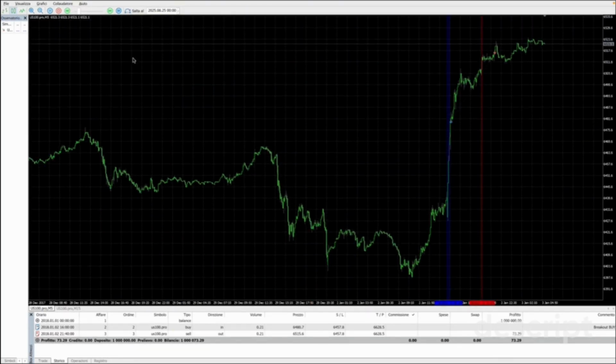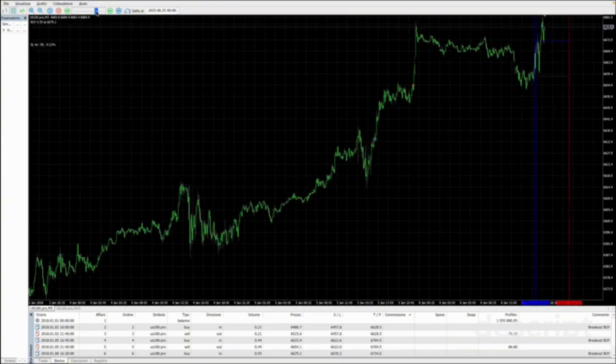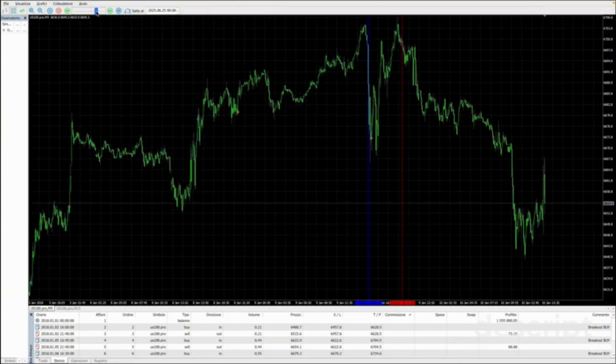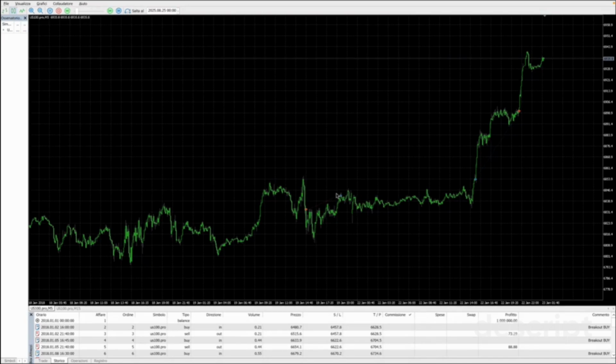We can speed up the process so I can show you how it performed over the years. The opening range breakout is not just long, but it's long and short. I also tested only long positions, but it worked just in some periods of time. So if the market just goes up, it's perfect.